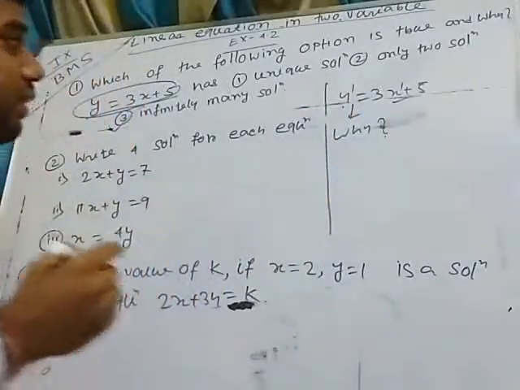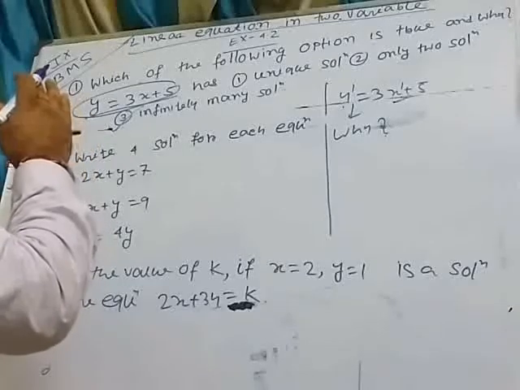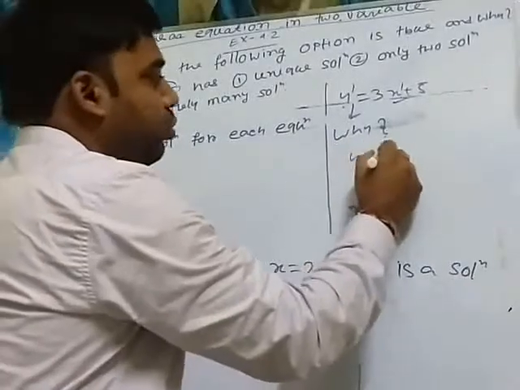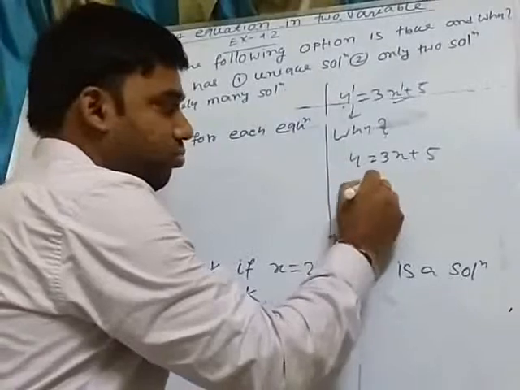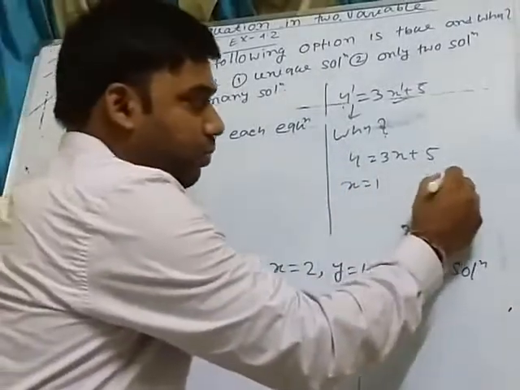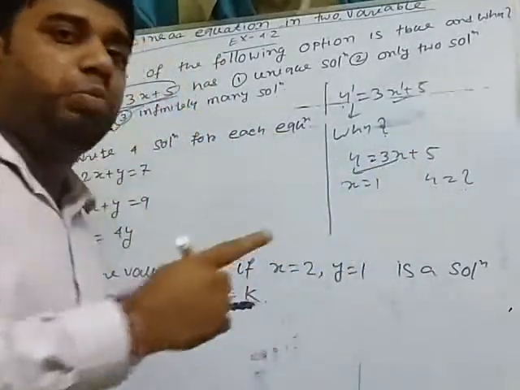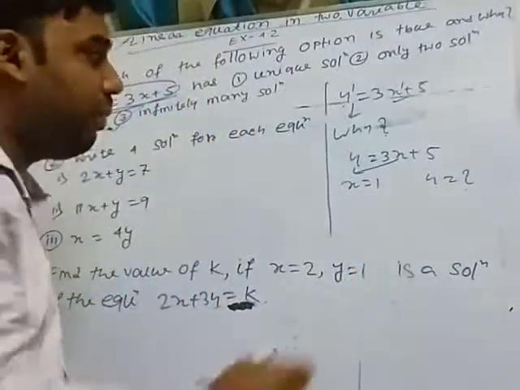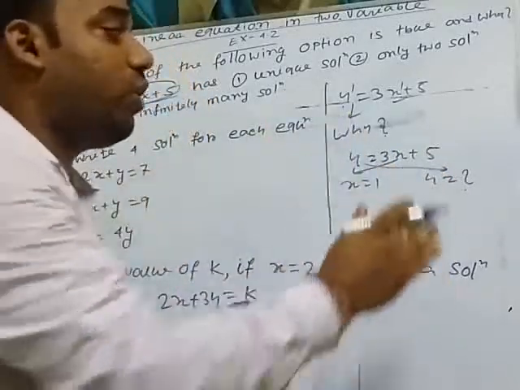Okay, the reason is why that equation has infinitely many solutions. First of all, students, in y equal to 3x plus 5, if I put any value of x, then correspondingly we get another value of y. In place of x we can put infinitely many numbers, so for those we also get infinitely many values of y.